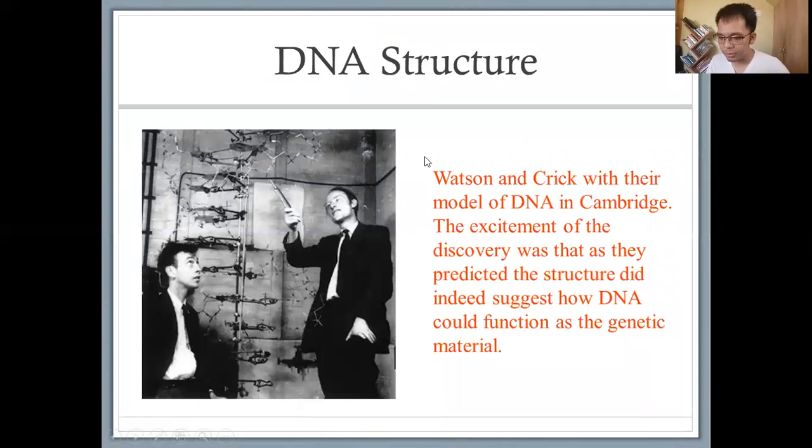Ang nag-propose ng model na ito ay si Watson and Crick, na originally ay si Rosalind Franklin, pero sila yung na-credit. Sila yung nag-publish na double-stranded daw yung ating DNA structure.